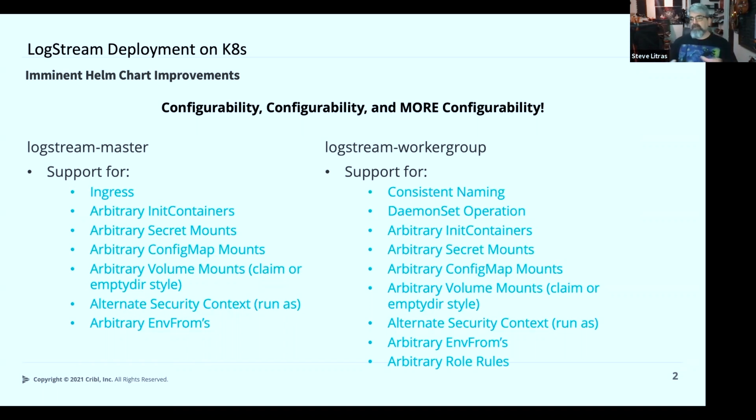We set one rule in there to start with, but there wasn't really any flexibility for more. So arbitrary role rules let you add to that. If you want to be able to add multiple API groups or multiple types of permissions, you now can, or you'll be able to. You now can if you're on my laptop, but shortly you'll be able to do it if you're pulling from the main repo.